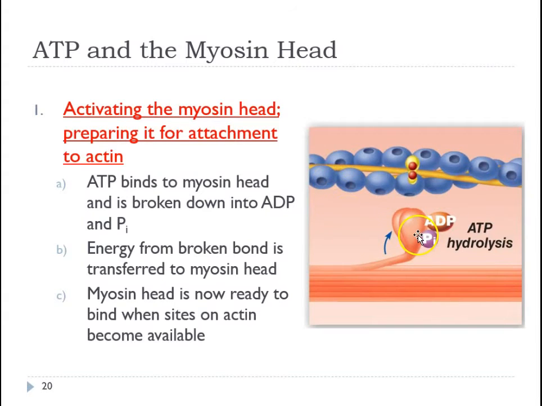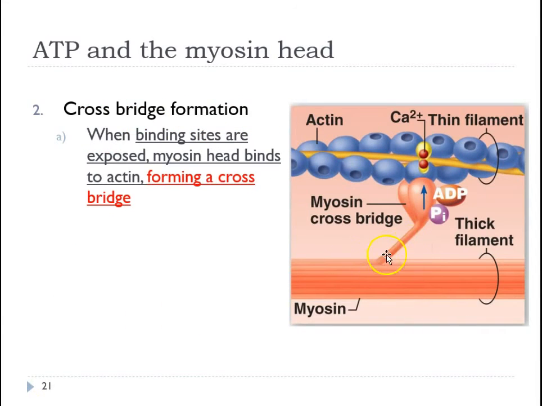Well, the thing that makes the myosin head activated is by having ADP plus a phosphate attached to it. So recall ATP is adenosine triphosphate. One of those phosphates falls off. It becomes ADP, diphosphate. So the ADP plus the phosphate attach to the myosin head. And then what happens is the myosin head attaches to those active sites and moves a little bit.